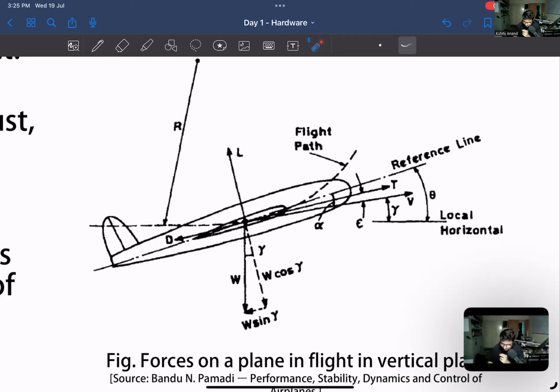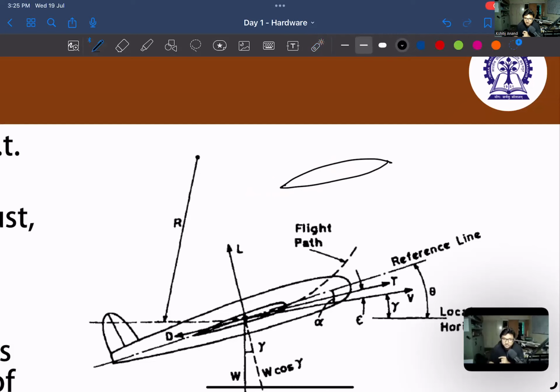when you have an airfoil, I'll just use a sketch that is better. When you have an airfoil moving in this direction, it will encounter a free stream velocity in this direction, so it is going to produce lift. As all of you know, if there is a continuous lift distribution, you can approximate it as a single force at one point by averaging it over the whole length.